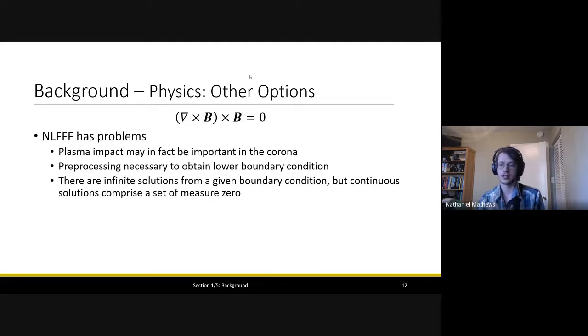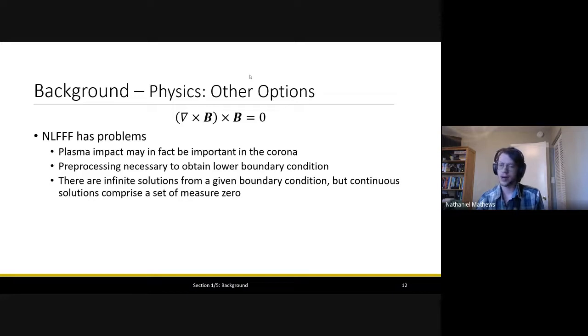There are high degree simulations of MHD where plasma beta is non-zero, pretty high up in the corona. And there are also lab results that find that plasma streamers don't perfectly follow magnetic field lines in laboratory plasma that's meant to simulate the corona. So there are issues like this.